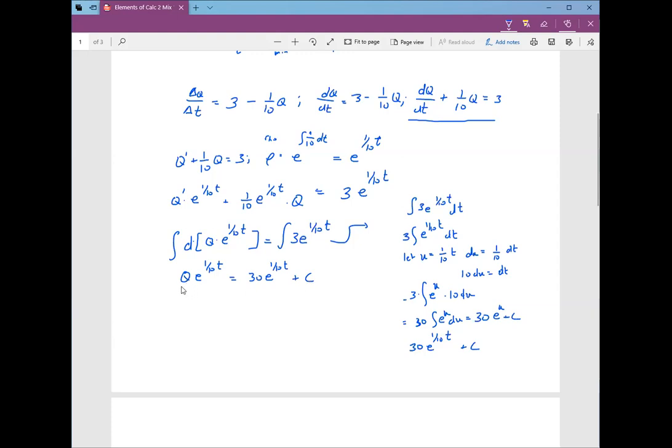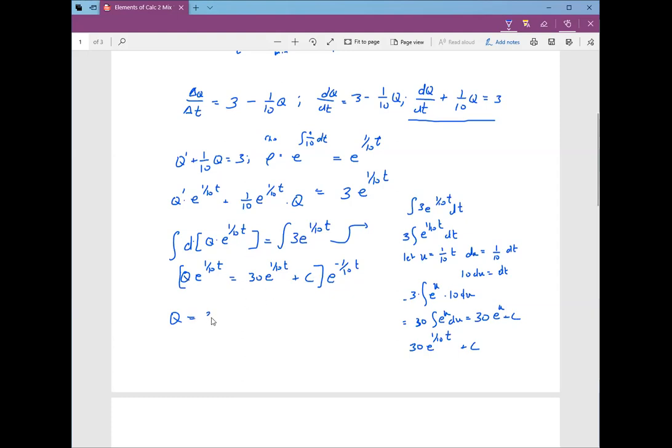Well, we've got to isolate q now. So we're going to multiply both sides by e to the negative 1 over 10 t. That's going to clean off the left-hand side. When I multiply this by e to the negative 1 over 10 t here, we end up with an e to the 0. E to the 0 is 1.